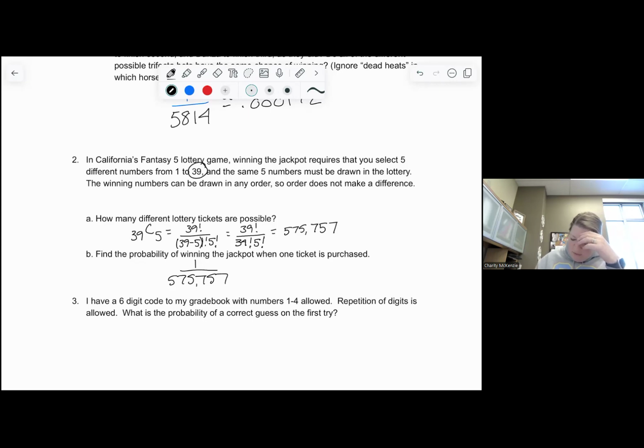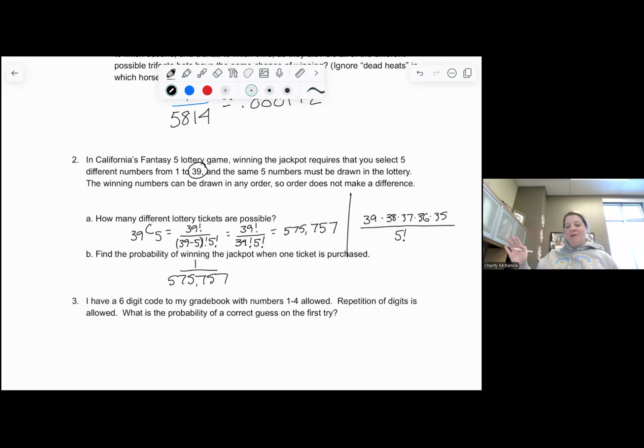The other way that you could think through this on your own is you have 39 choices for the first number, then 38, then 37, 36, then 35, but you have to divide it by 5 factorial. So that's what I meant by a permutation.